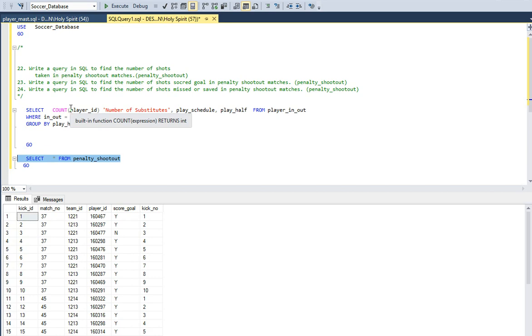Number of shots taken in. Kick ID, number of shootouts, number of shots, whatever.